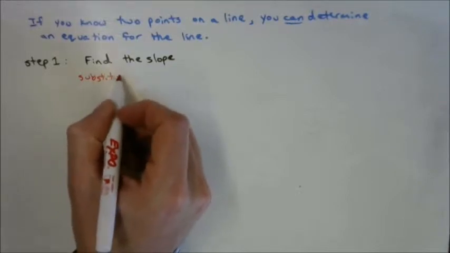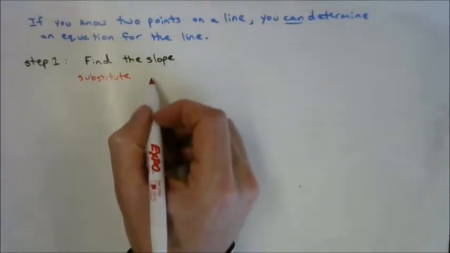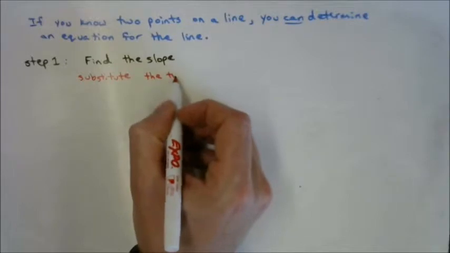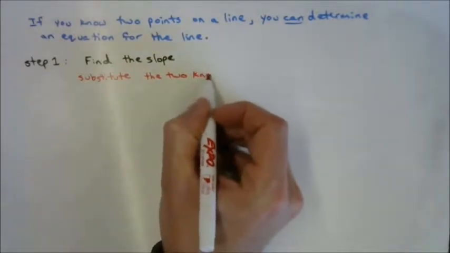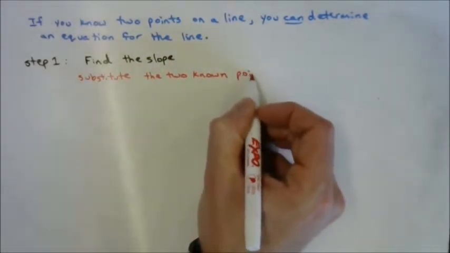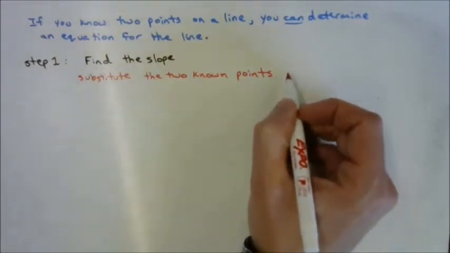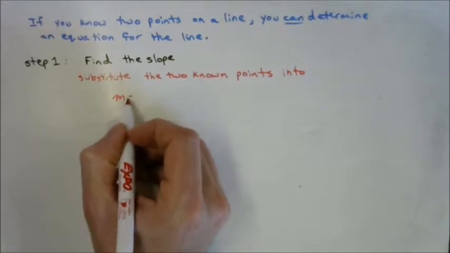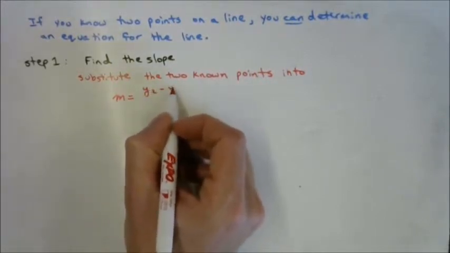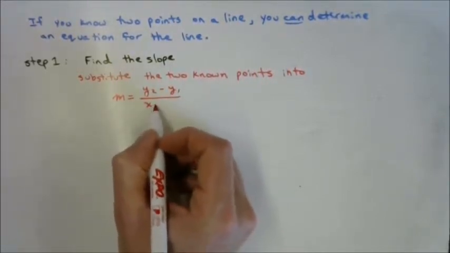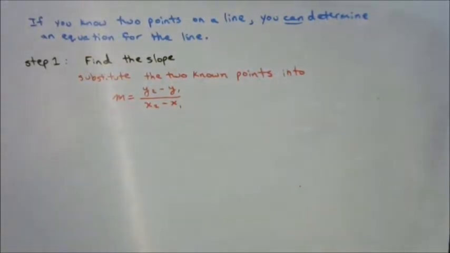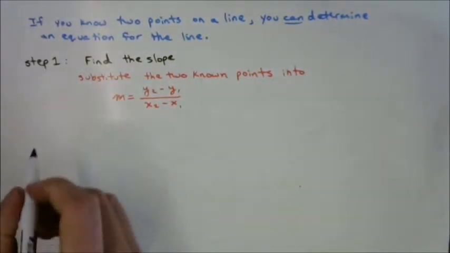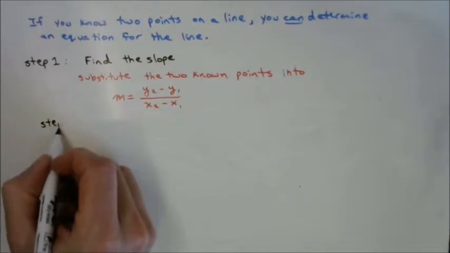Substitute the 2 known points into m equals y2 minus y1 over x2 minus x1.